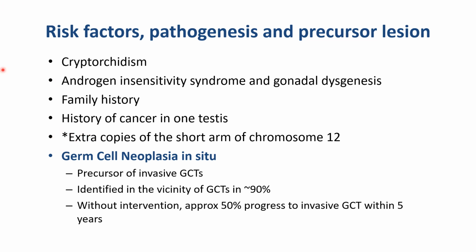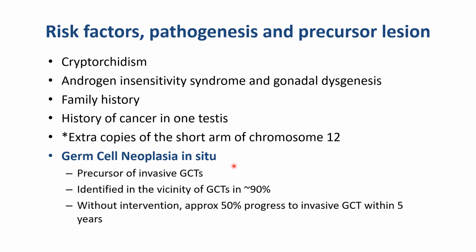One thing that is constant in pretty much all germ cell tumors is that they all have extra copies of the short arm of chromosome 12, right?